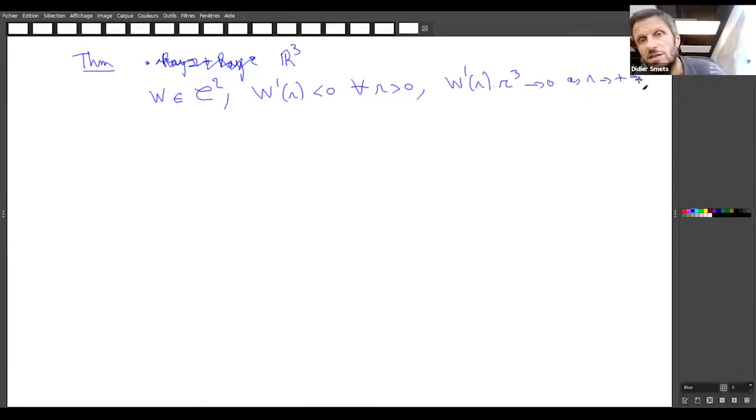We are mainly interested in the Lamb-Oseen vortex. So the columnar vortices that are observed in real life have some exponential decay due to the viscosity, Gaussian decay. So this kind of assumption is certainly reasonable.